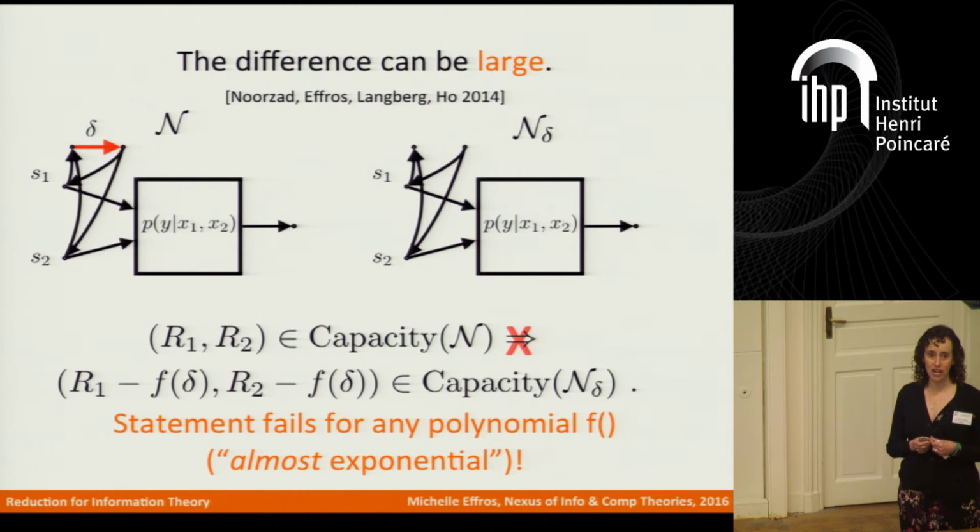That is, we can construct counterexamples where the achievability of R1 and R2 in the capacity region of network N does not imply the achievability of R1 minus f and R2 minus f in the capacity region when that edge is removed, and we can do that for any f. So we say that the impact of a single edge can be almost exponential, by which we mean that we haven't constructed an example where removing the edge hurts you by an exponential amount, but since we can get over any polynomial, it's almost at that exponential point.